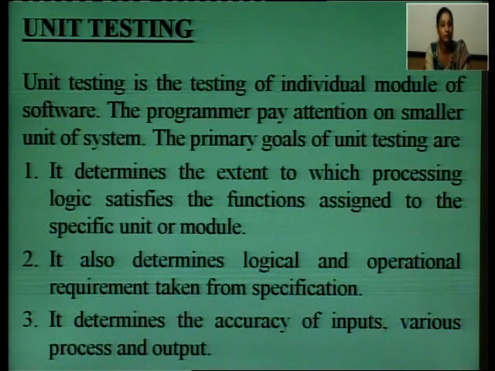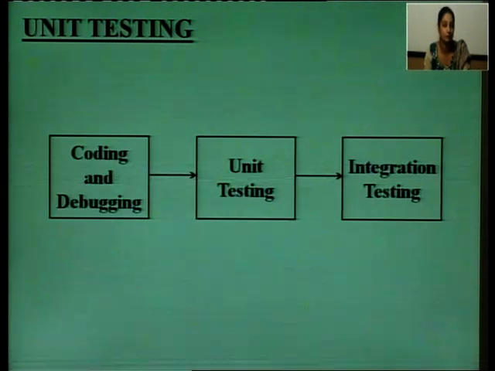It determines the accuracy of the input, the various processes and the output. When we give various inputs, process them, it tells us the accuracy of the output we get from the given inputs.